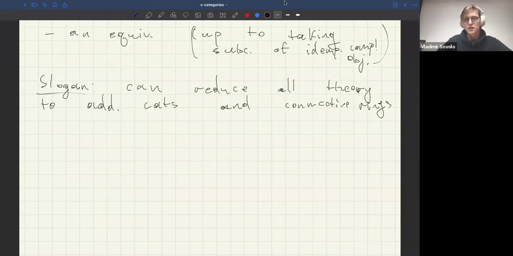So in particular, you can also define things like what I told you before. You can make a definition of a nilpotent extension of additive categories, for example.